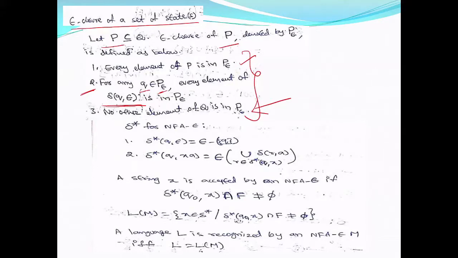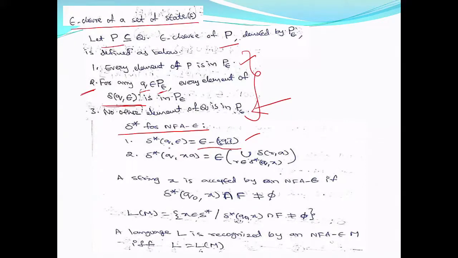Right? Now, based on that definition, I'll go for delta star, the extended transition function definition, for NFA epsilon. Now, how is it defined? Two points. One is delta star of Q comma epsilon is the epsilon closure of Q. This notation I usually use for epsilon closure of Q. Earlier for NFA and for DFA it is only Q. There is no epsilon closure, because for NFA and DFA there is no epsilon transition, so starting in the same state is same as ending in the same state.